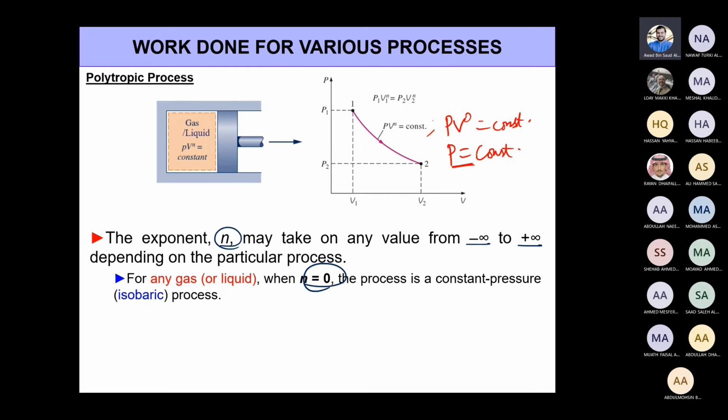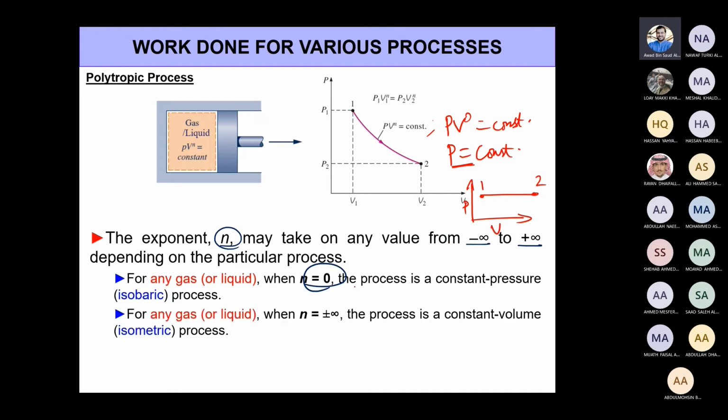Now the pressure volume relationship is such that no matter what volume we are at, the pressure is going to remain exactly the same. So the pressure volume curve is going to look something like this. Start at state 1, end up at state 2. No matter what volume you're at, you're going to be at exactly the same pressure. So this is a special class of a polytropic process.